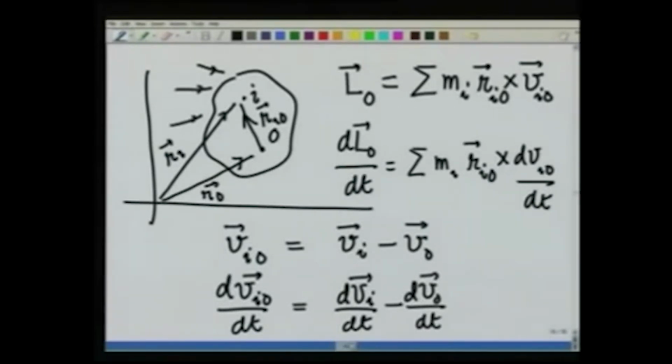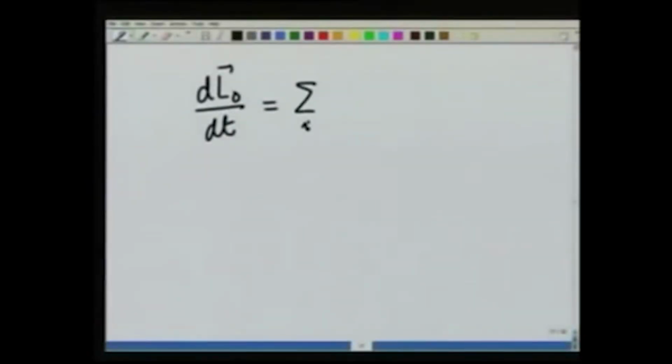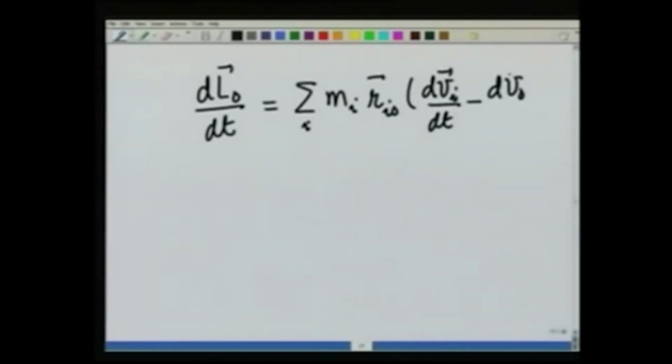Therefore we get dL_O/dt, that is the rate of change of angular momentum with respect to point O, is equal to summation over i of m_i r_iO cross (dv_i/dt minus dv_O/dt), and I have forgotten to put a cross sign here.